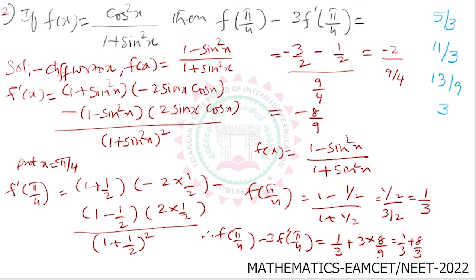So here 1 by 3 plus 8 by 3, which is equal to 8 plus 1, 9 by 3, which is equal to 3. Therefore, my answer is the fourth option.